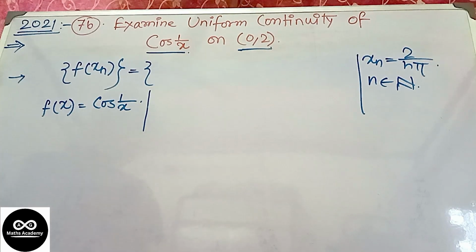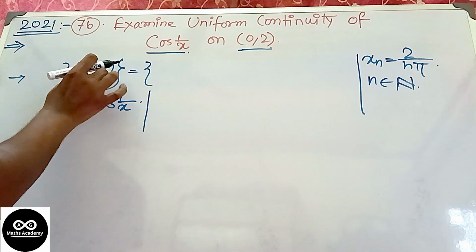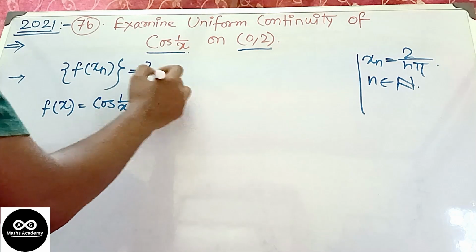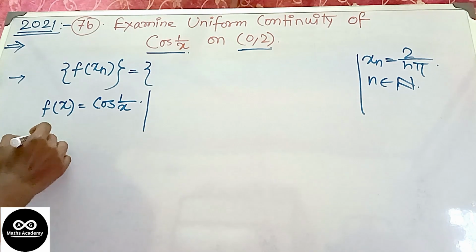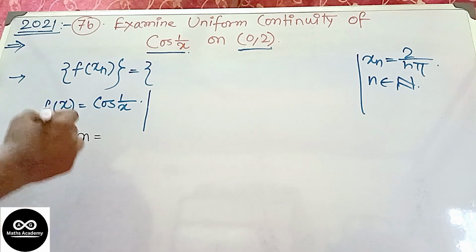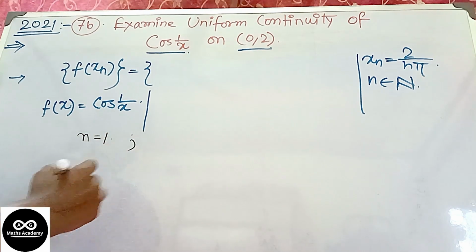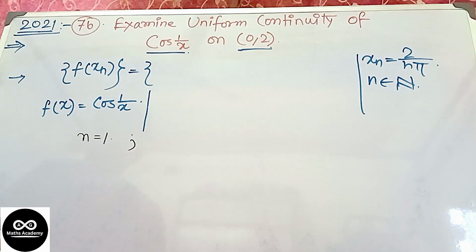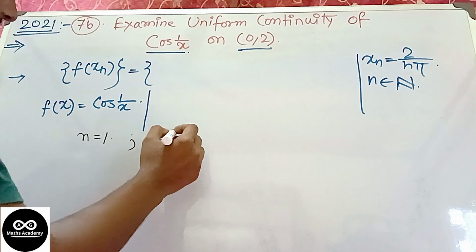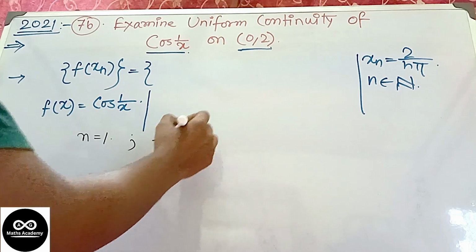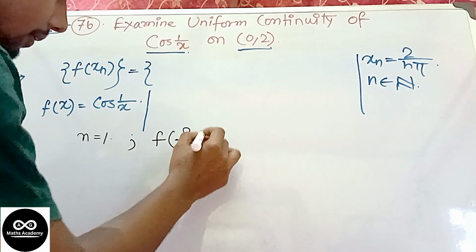Now we're going to evaluate the first value of f of xn. Okay, so for n equals 1, what do we get? It will be f of 2 into 1 by pi.